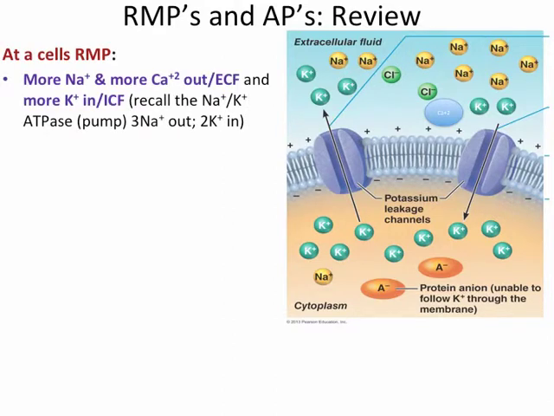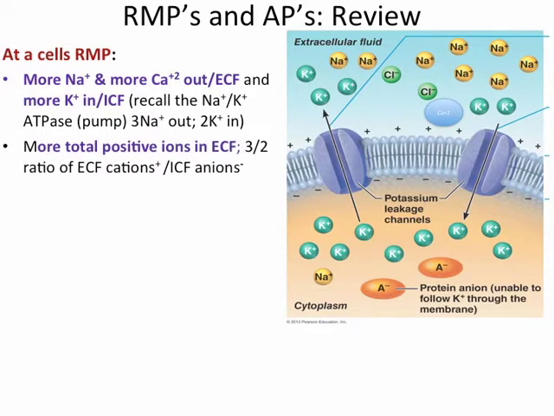So at the cell's resting membrane potential, that's when the cell is not firing an action potential, but the cell is at rest, there's more sodium and calcium in the ECF and more potassium in the ICF. So remember, the sodium-potassium ATPase pumps 3 sodium outside the cell for every 2 potassium it pumps inside the cell. So there's more total positive ions in the ECF, and there's more total negative anions in the ICF.